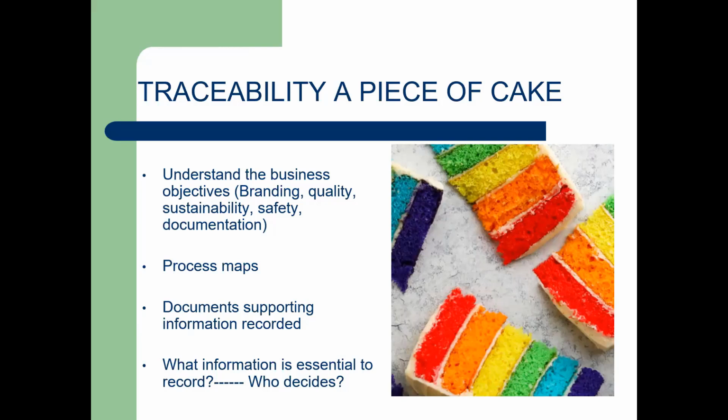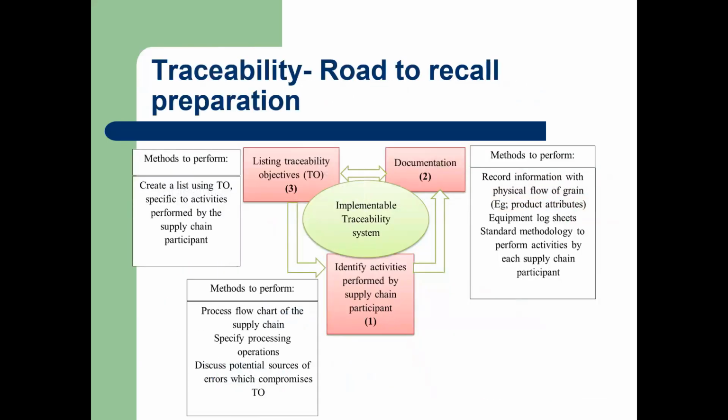We need to create a lot of processing maps, a lot of visual tools to be able to see the supply chain on one particular page and assign some traceability events. And of course, document what information is easily available, what information is required, and what information is definitely needed to have that kind of tracing or that transparency.